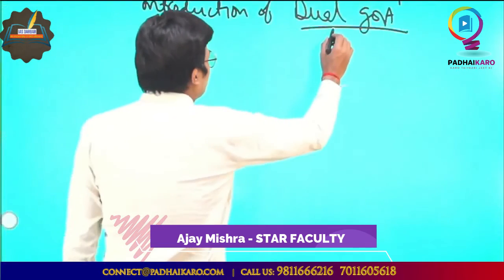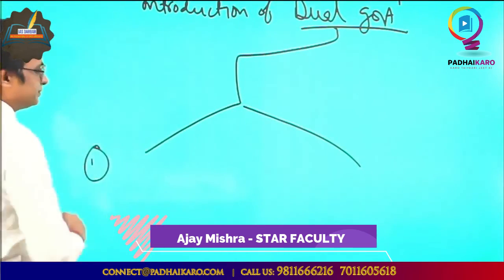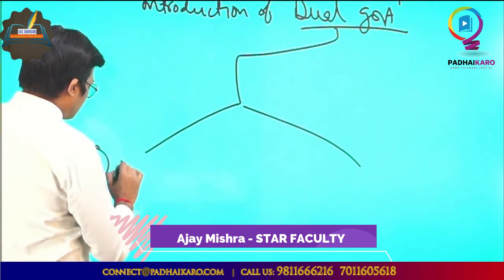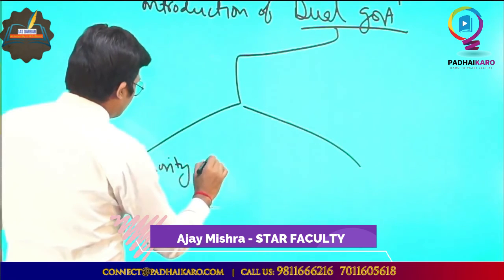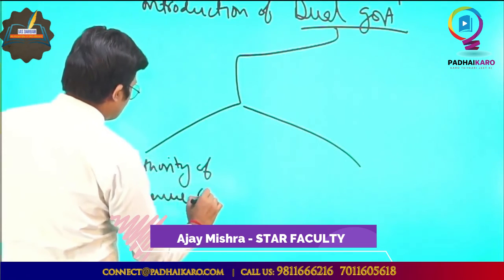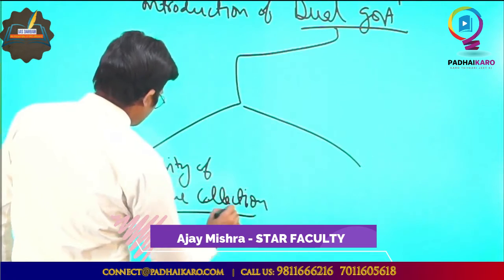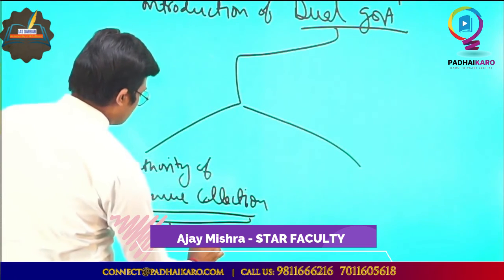So dual government means, number one, the authority of revenue collection was with whom? East India Company.